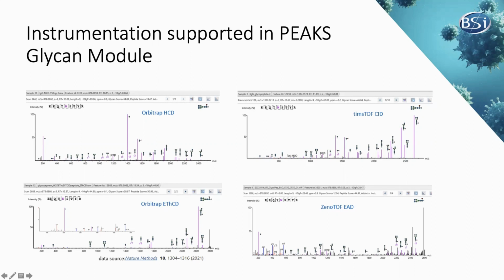We could also look at timsTOF CID data, and also the instrumentation method that's becoming more popular for glycoproteomics is ZenoTOF EAD, because again, we retain a lot of these intact glycan fragments associated with peptide fragments. As well, we have higher intensity fragment ions derived from the peptide backbone that can provide us the peptide sequence.